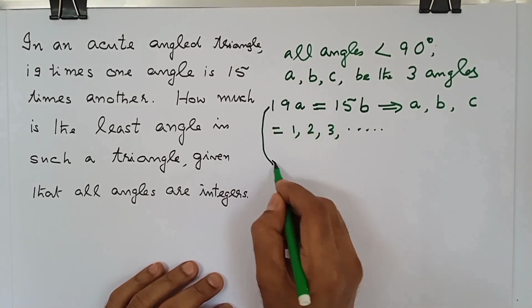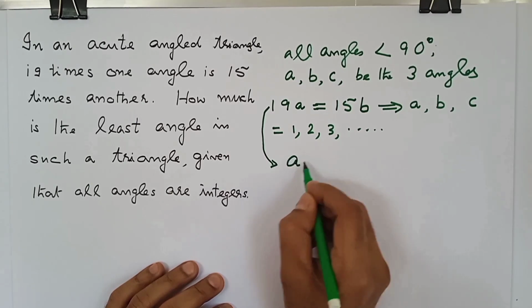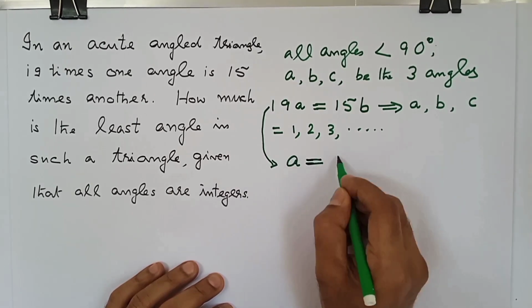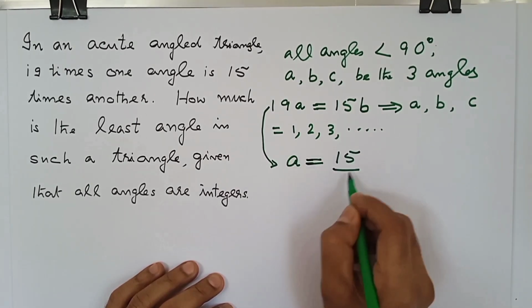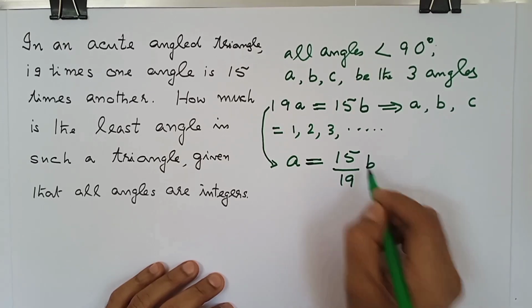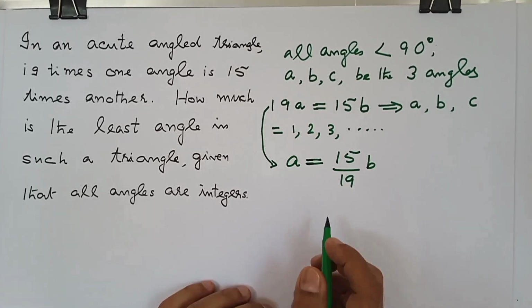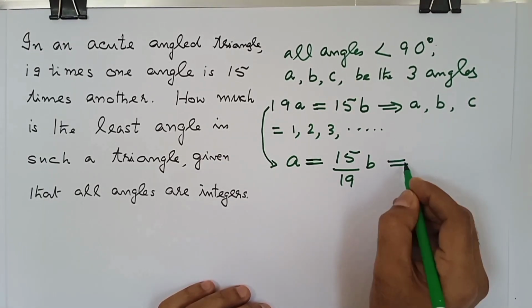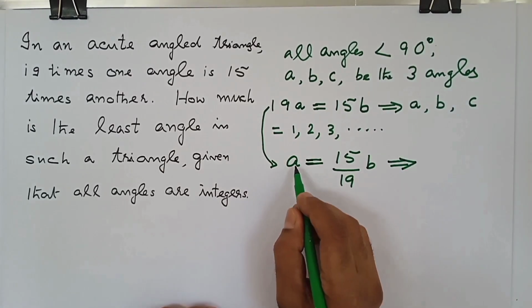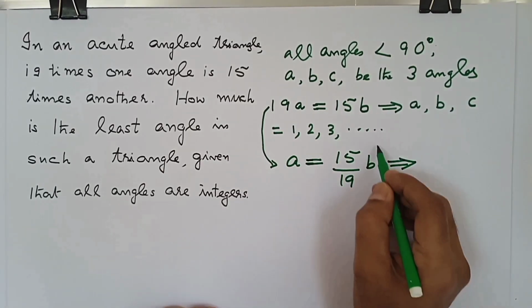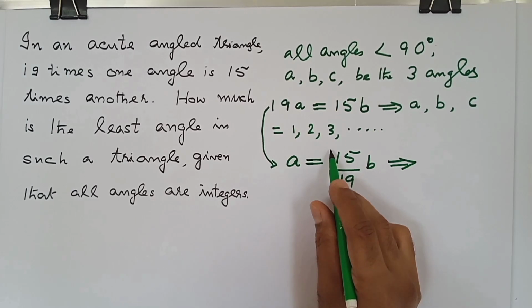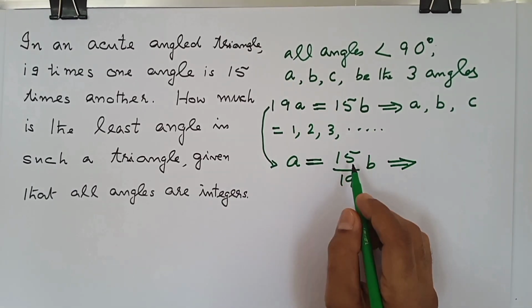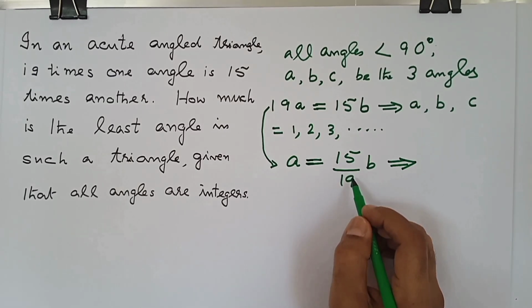Let's rewrite the equation. Keeping A here, take 19 to the other side. It will be this. Now, see, A is a positive integer and A is equal to this much. That means this right side must be an integer. As you can see, there are no common factors between 15 and 19.